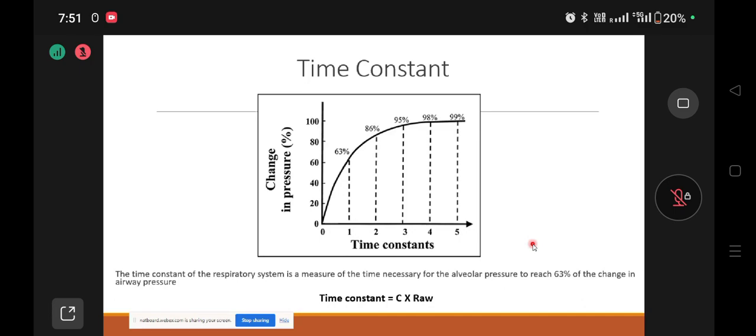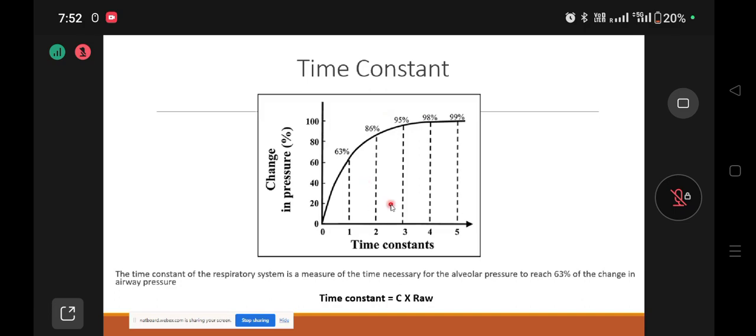Once we push air through a ventilator, the alveoli start inflating. It is the time required for the alveolar pressure to reach 63% of the change, or for 63% of the alveoli to get inflated. But what we want is that at least 95% should get inflated so as to participate in gaseous exchange.